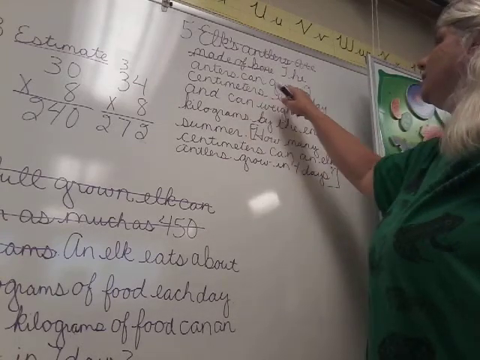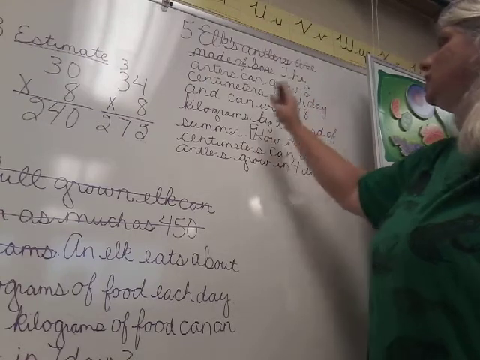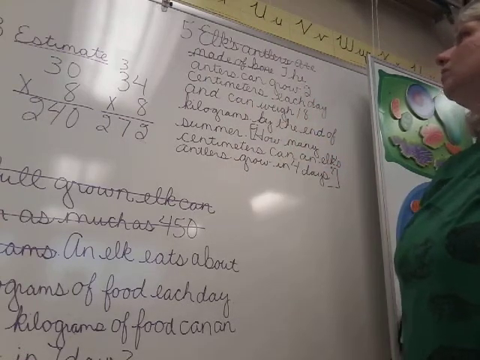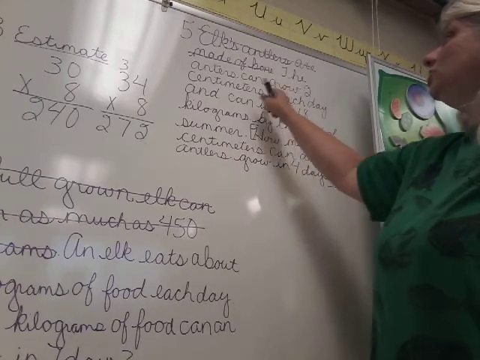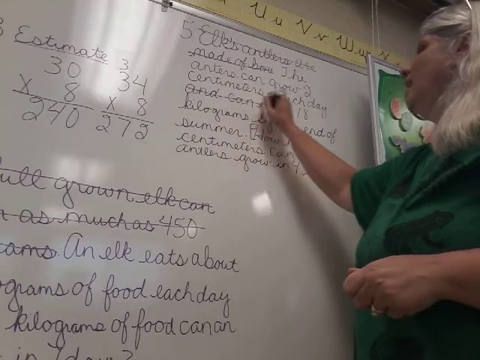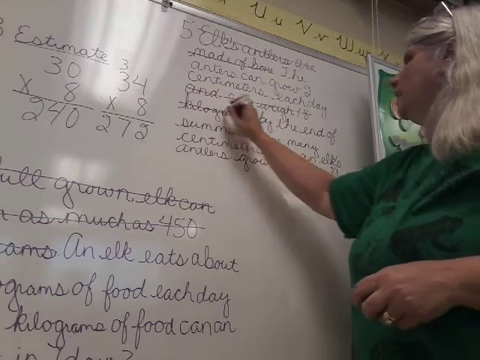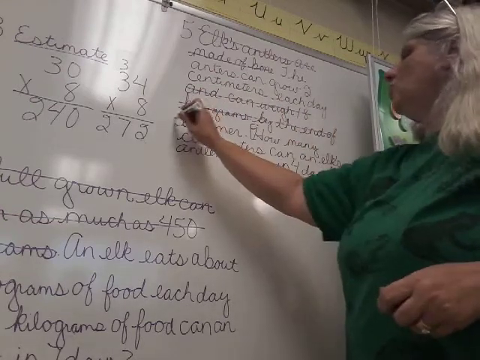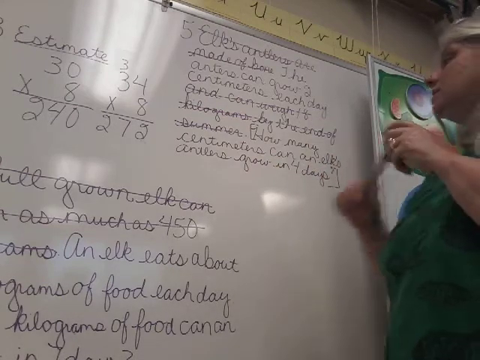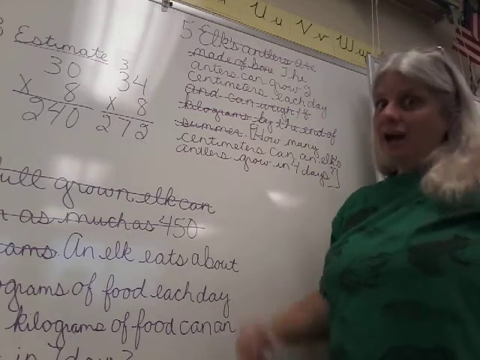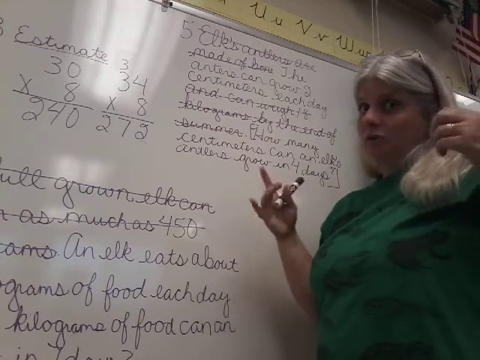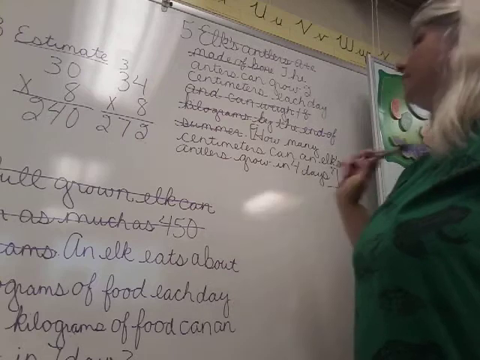The antlers can grow 2 centimeters each day and can weigh 18 kilograms. Well, we do need to know how much it grows, but we don't need to know how much they weigh, because our question is not how much do the antlers weigh, it's how big are they, how many centimeters, okay?